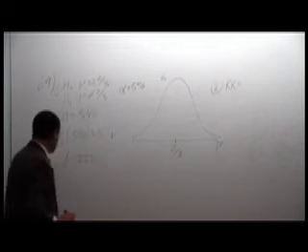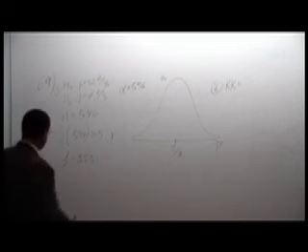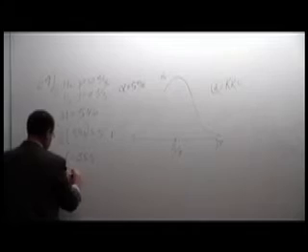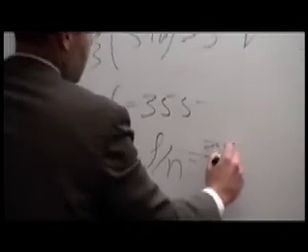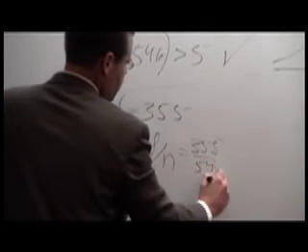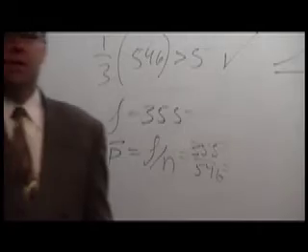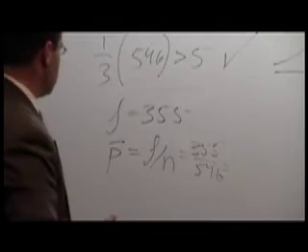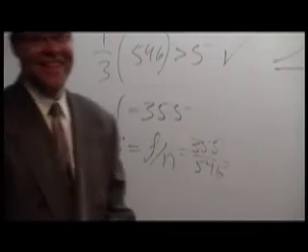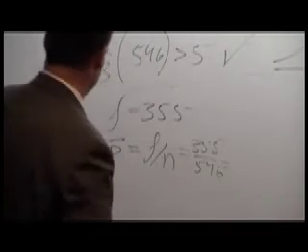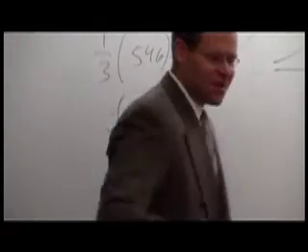Oh, that's just an F. So I did that so that we can calculate P bar as F over N. So 355 over 546. Remember way back in probability we used F over N? So that is 0.6502.